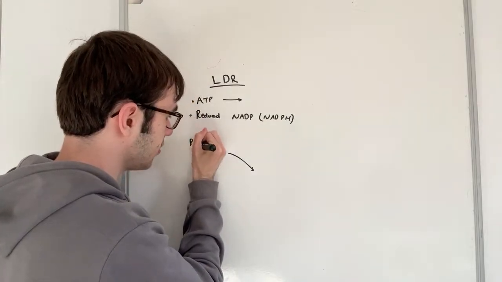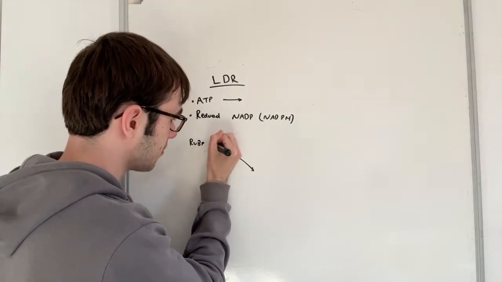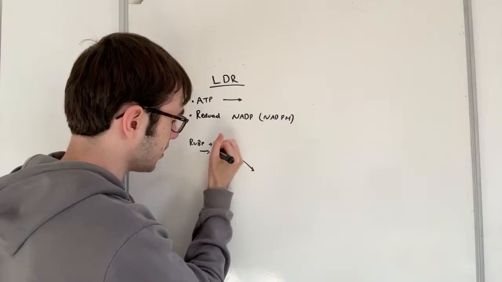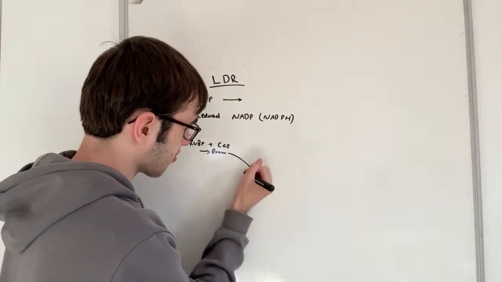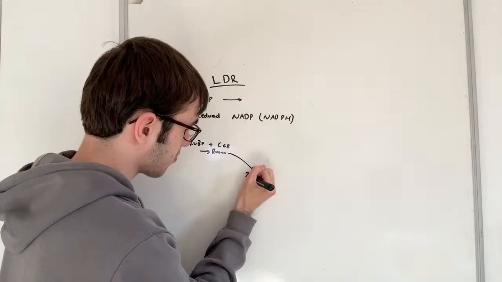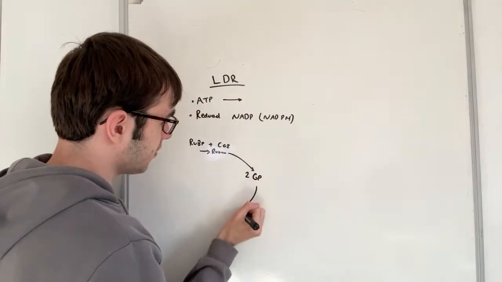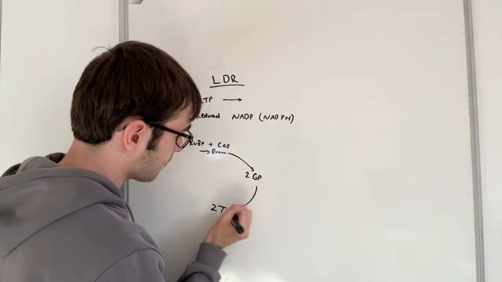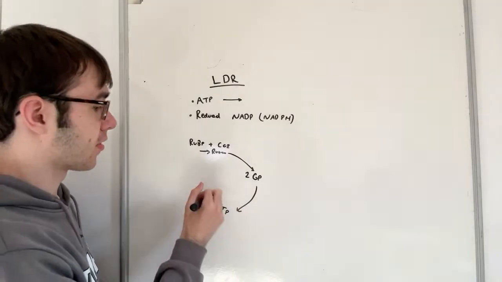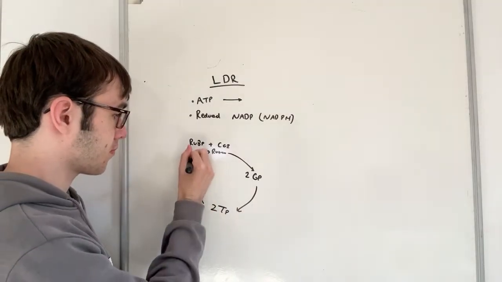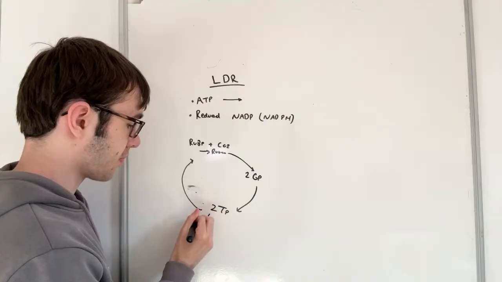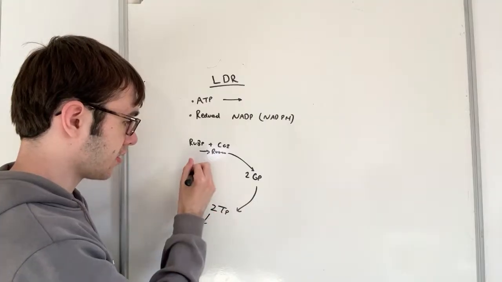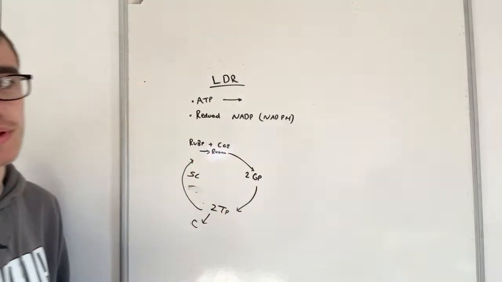It's RuBP plus CO2 catalyzed by Rubisco, which gets us, is it GP and then TP? I think that's right. That goes off to become carbon. 5 carbon goes to be RuBP. Okay.